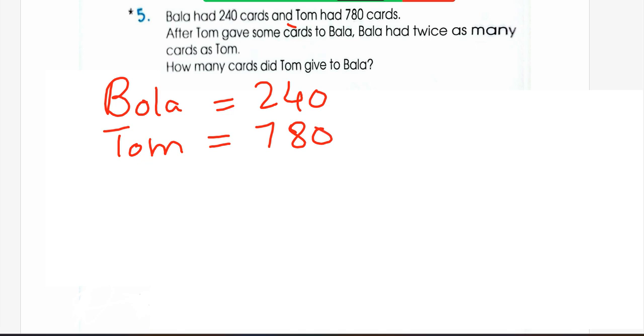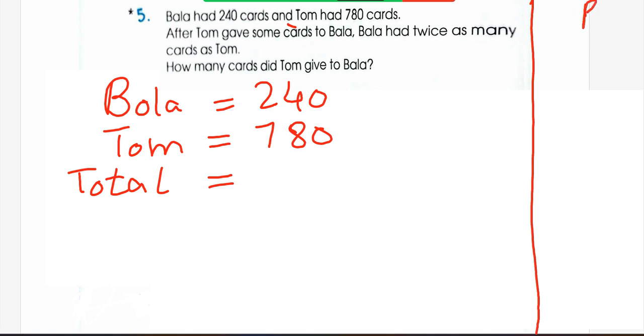Okay, after Tom gave some cards to Bola, Bola had twice as many cards as Tom. Okay, first we will add them. We will add them to get to know how many total cards were there. Let's put a line here and do rough work here and add them.